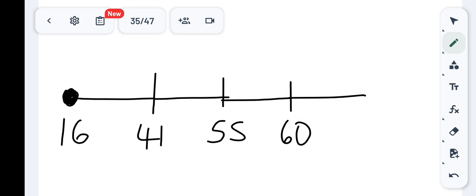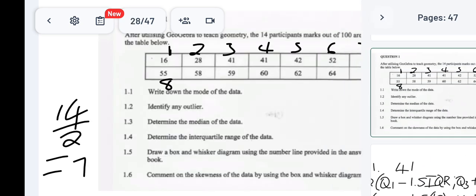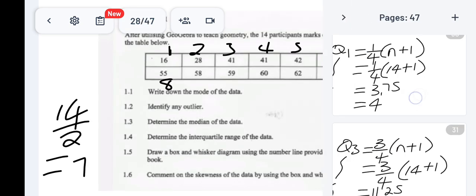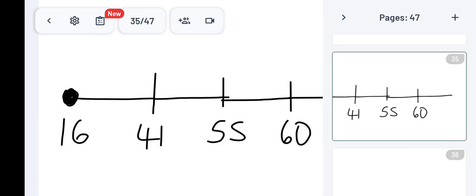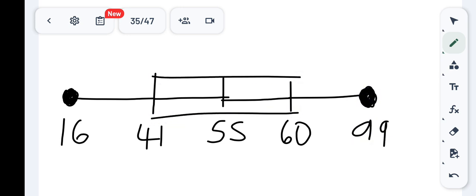Then lastly, our maximum value, the highest value, 99. Therefore, you can do your things there.